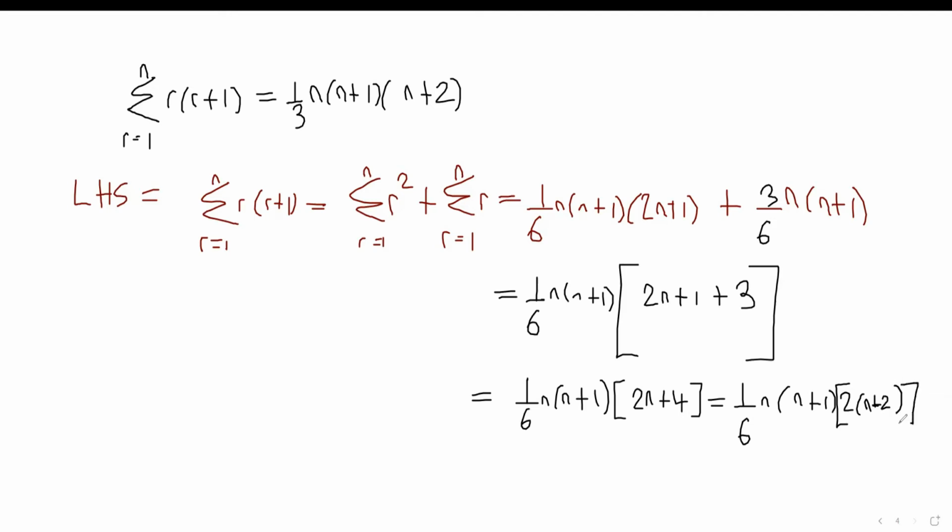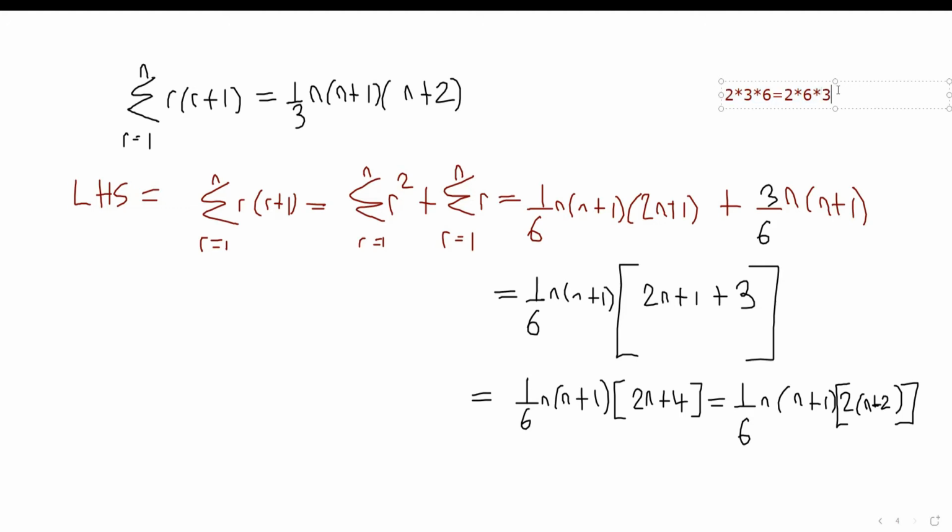Now remember, multiplication is associative. If I were to write 2 times 3 times 6, that is the same as 2 times 6 times 3, because multiplication is associative.